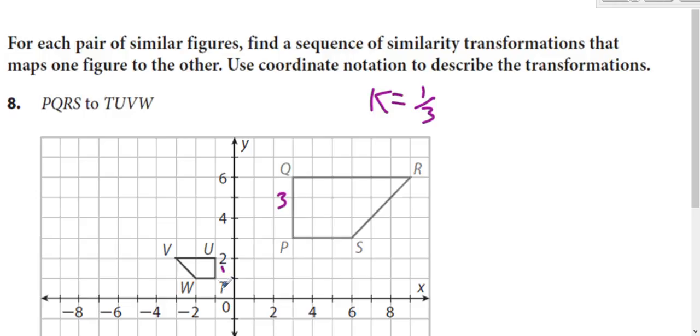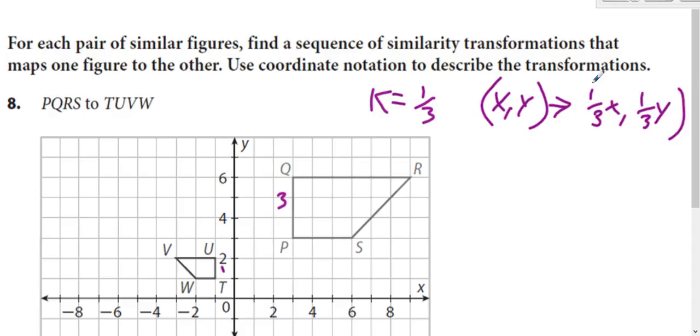But we can either do that first or last, it doesn't matter. Let's do it first. So that would be x, y goes to 1/3 x, 1/3 y. Just divide each coordinate by 3.